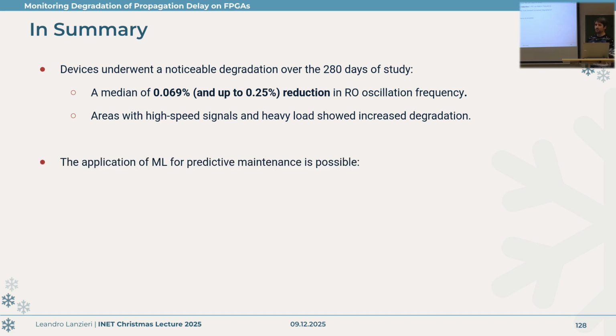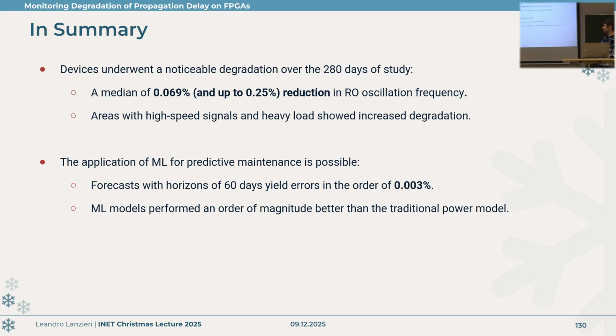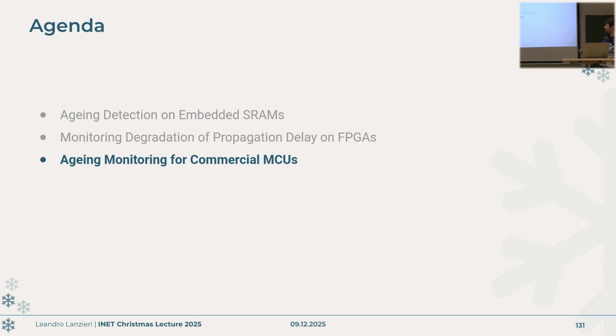And we showed that it's possible to actually predict the propagation delay with machine learning with reasonable errors on a really good 60 days forecast horizon in most of the cases. And compared to the traditional model, it was actually more than an order of magnitude better than not applying the machine learning.